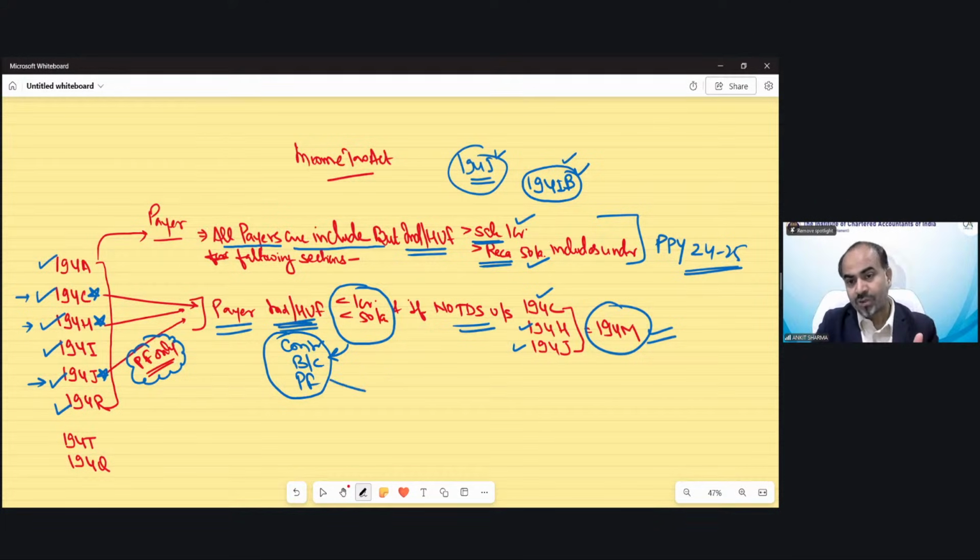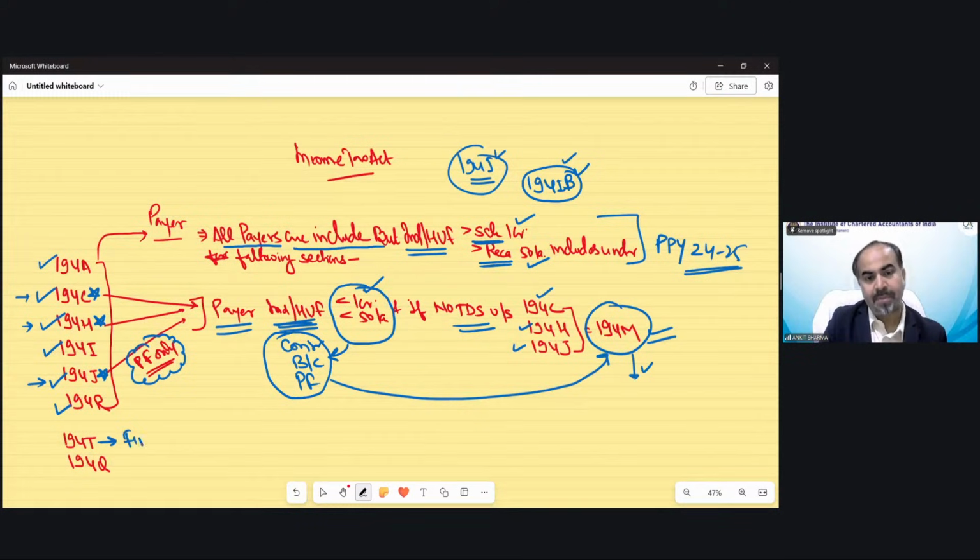So a new section 194M has been inserted, and it says if the payer is an individual HUF having less than 1 crore or 50 lakh rupees turnover and receipt, and if they are paying contract fees, brokerage commission, or only professional fees, then TDS would be deducted under section 194M. Understand? Section 194T we will discuss later.